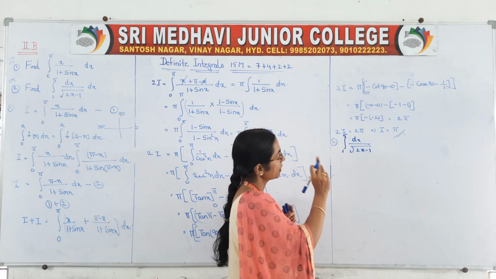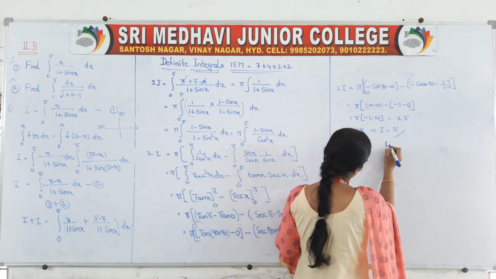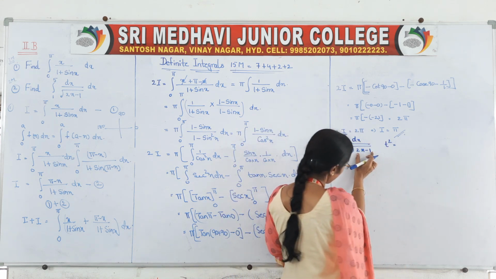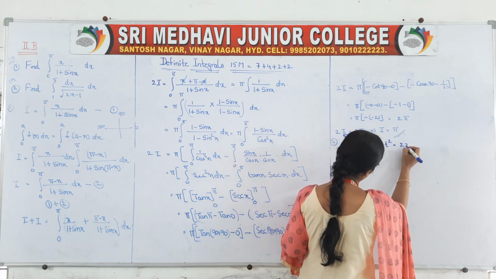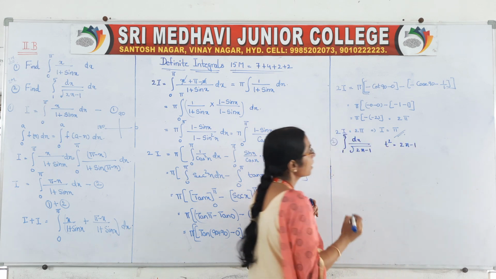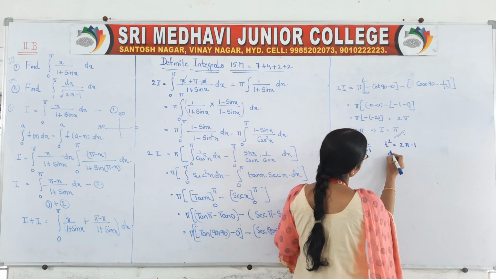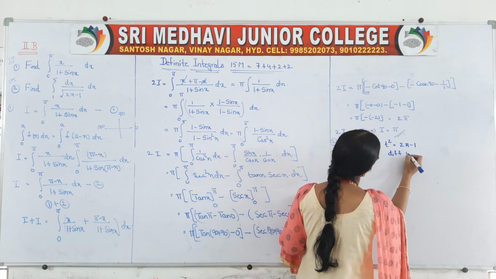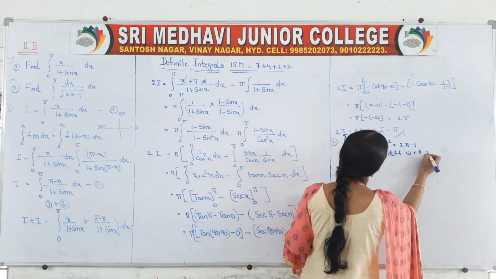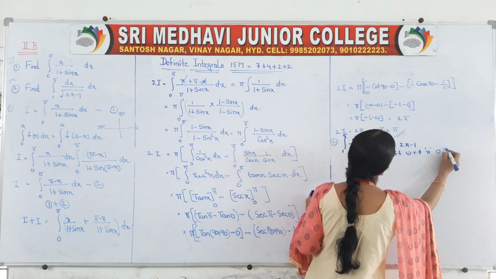Whenever the value is under root, you take t square equal to the value which lies inside the root, right? Now differentiating with respect to x on both sides.